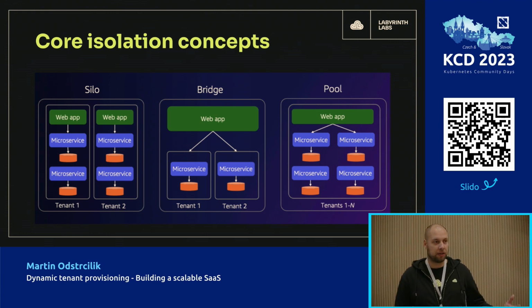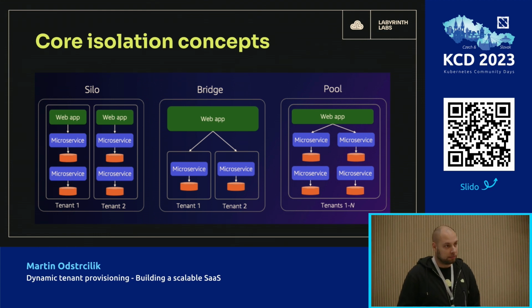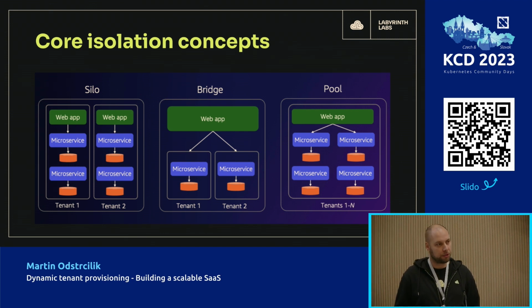So you can have a shared front end or back end, and then siloed database or storage, or vice versa. And another takeaway from this slide is that the isolation model should be evaluated or decided individually for each component of an application.